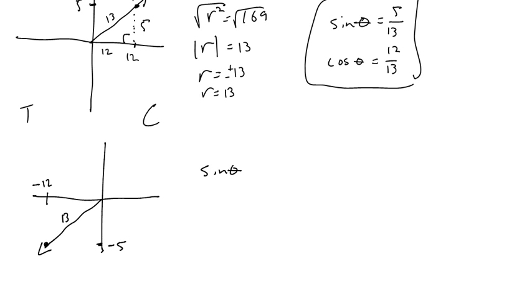So sine theta equals y over r, so that's going to be negative 5 over 13, and cos theta equals x over r, so that's going to be negative 12 over 13. Notice we can also see from our all students take calculus that only tan is positive in this quadrant, so sine and cosine would both be negative.